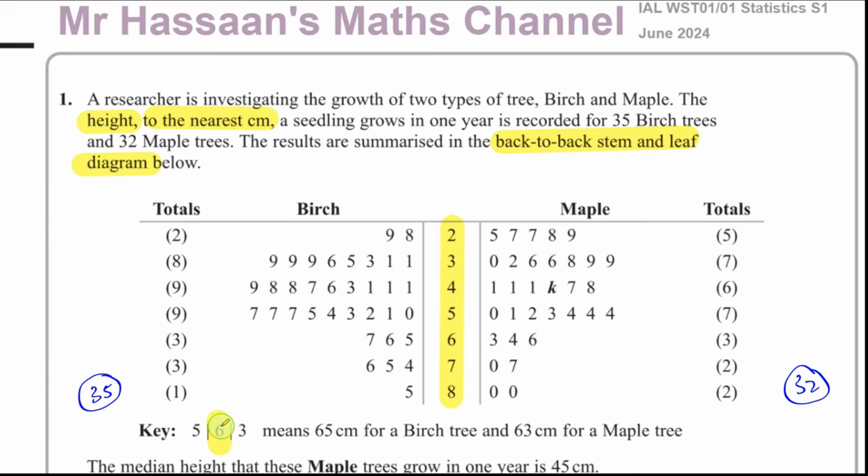We can determine from that that the stem is representing the tens, and the leaf, this section in these parts here, represents the units. So for example, this represents the number 39, and this represents the number 35, and so on. That's the key, so we understand exactly how to read the numbers from the table.